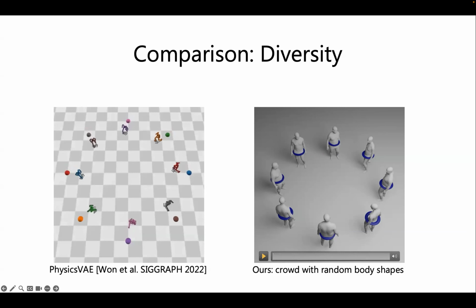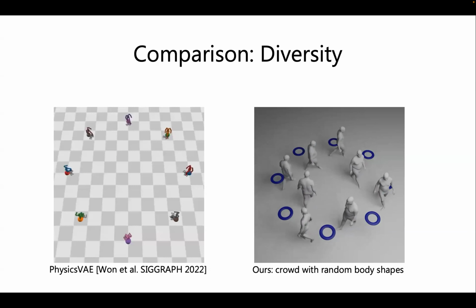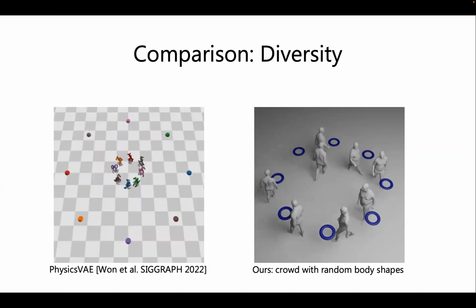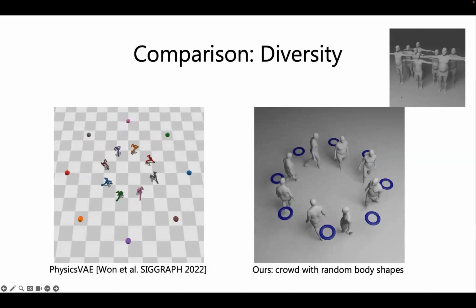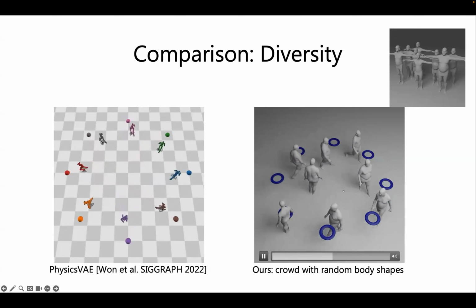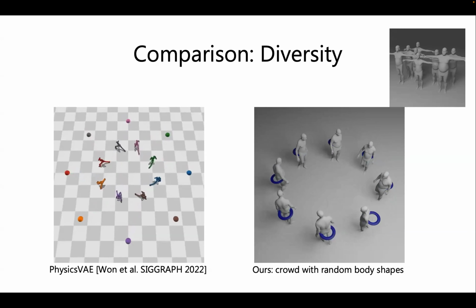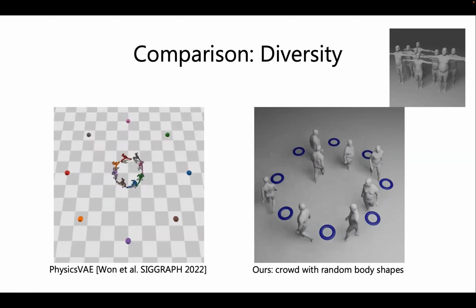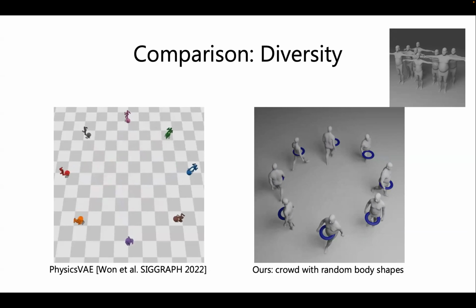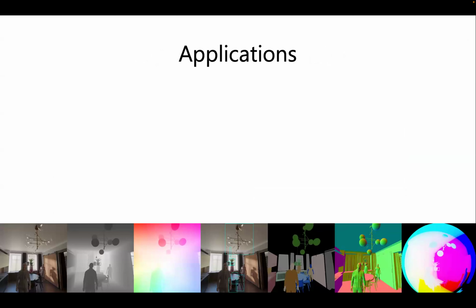We tried a similar experiment. We synthesized 8 virtual humans trying to reach their targets, and these are the body shapes for these virtual humans. I think it's very interesting to see these virtual humans try to avoid others and then reach their own target. They try not to collide with each other. I think it's an interesting thing.